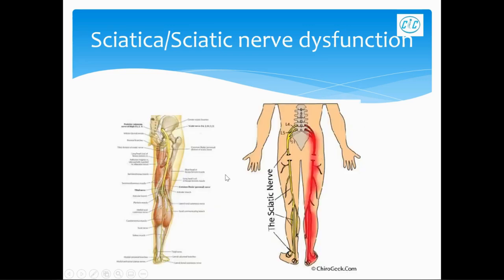If the sciatic nerve is the issue right here, the area of the symptom would be much greater than L5 or S1 itself. So the gray area that the patient has an issue with gives us a direction that the cause of the damage is the sciatic nerve.